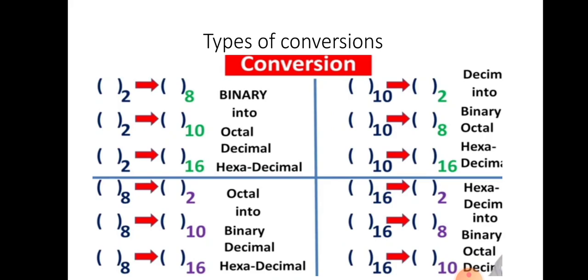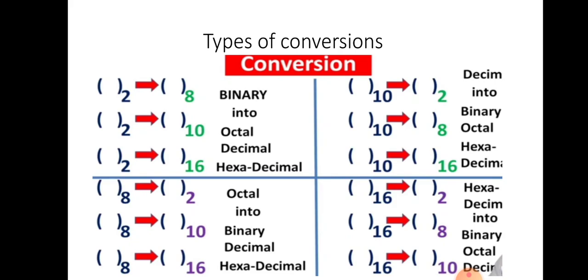Then the decimal number system, which uses from 0 to 9, that is the total 10 digits, and the hexadecimal number system, in which we use from 0 to 9 digits and from A to F alphabets to represent the number system. So today we will see the conversion of these numbering systems.